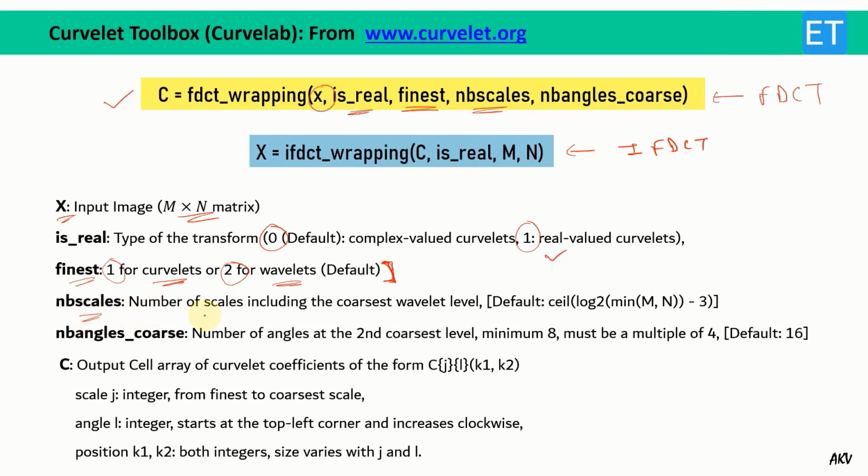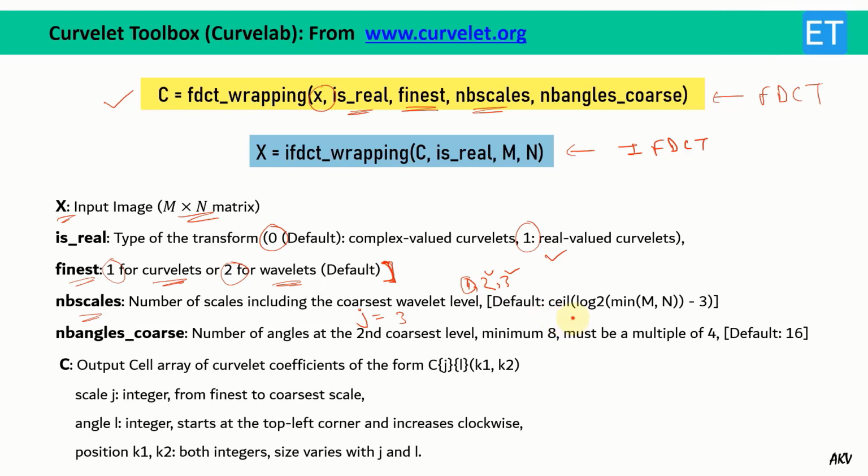And then NB scales. NB scales means the number of decomposition levels. That means you are defining the J. So if you define, for example, J equal to 3, there will be 1, 2 and 3, a total of 3 levels of decomposition, I mean 3 scales. 1 represents the approximation coefficients, while 2 and 3 represent the detailed curvelet coefficients at scale J equal to 2 and 3.